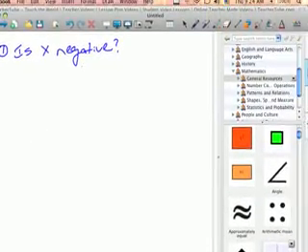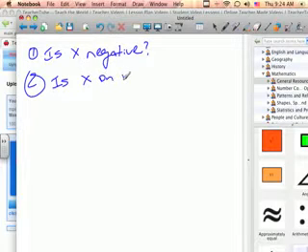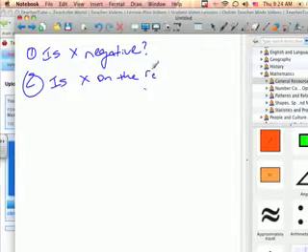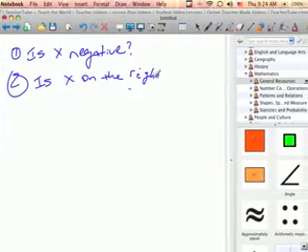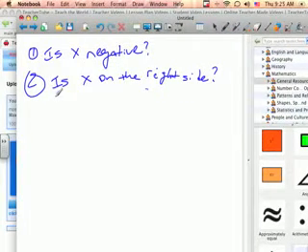Second question that you're going to need to ask yourself would be, is x on the right side? Now, here's the thing, kids.